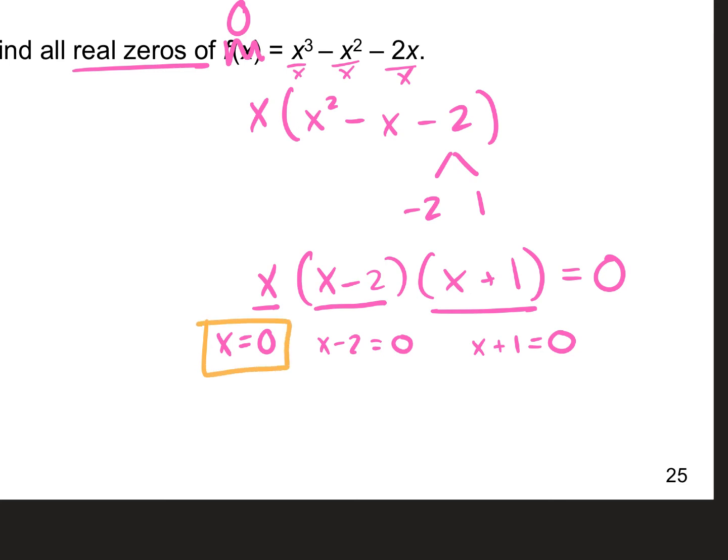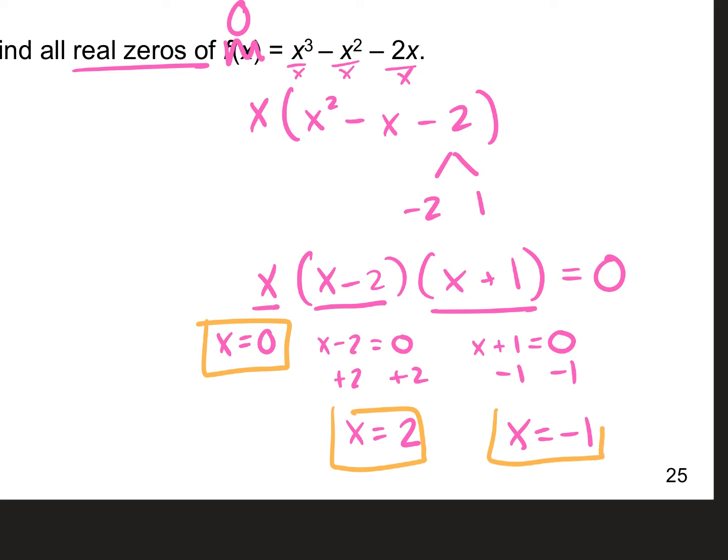That's it. Then for the next piece, how would I solve for x? Add 2 to both sides, so x is equal to 2. And then in the third one, subtract 1. So x is equal to -1. So these are my 3 real zeros here.